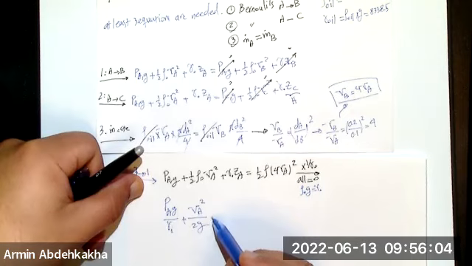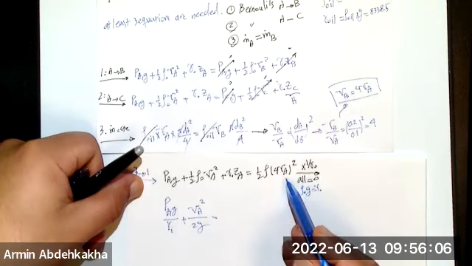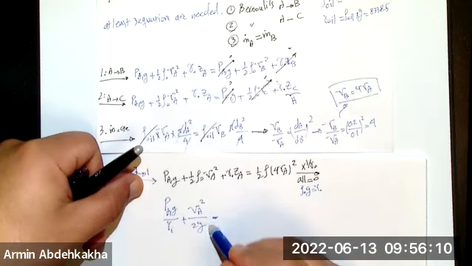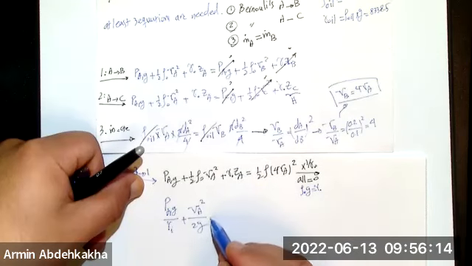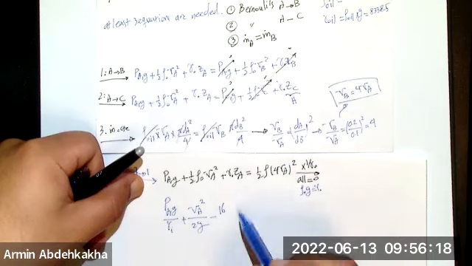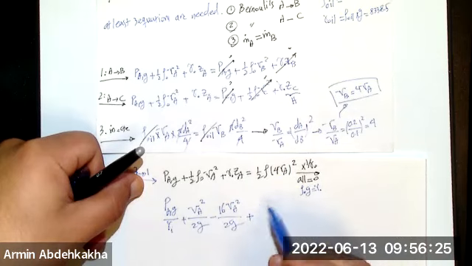And you can bring this one here also and multiply by 1 over gamma oil. We will have 1 minus 4 to the power of 2, which is 16, times V_A squared over 2g plus Z_A.